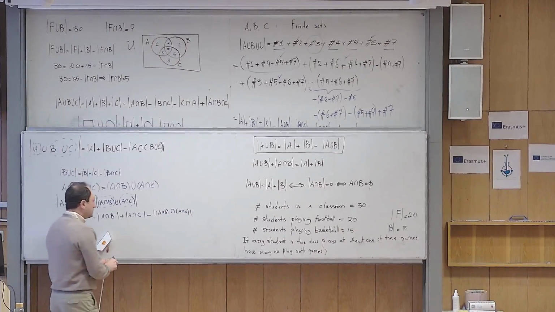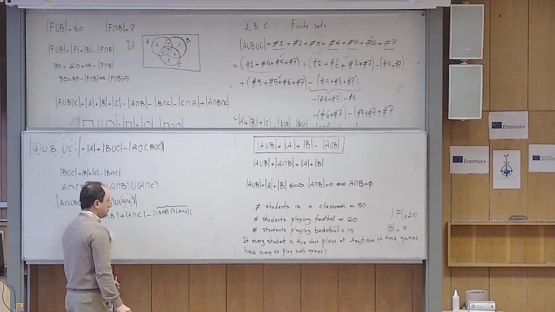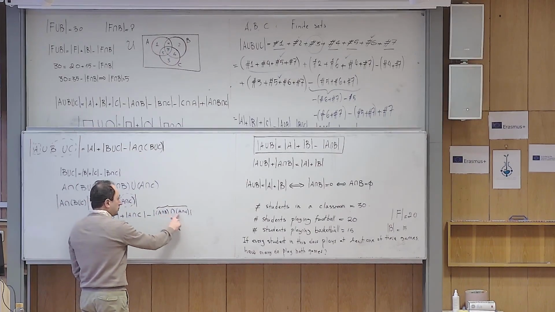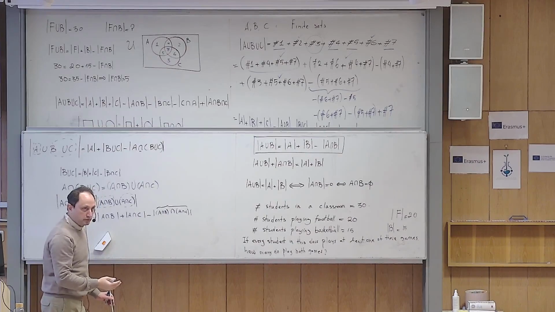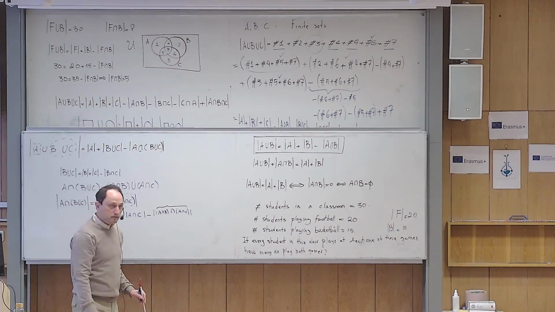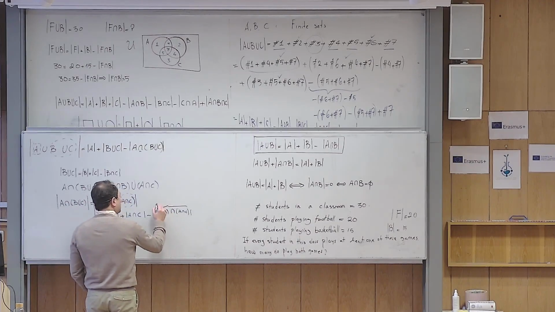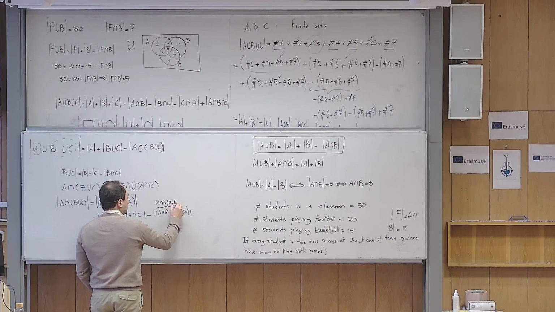Okay, but can I simplify this? Yes, because all of them are intersections, so distributivity is not involved. But I can interchange them if I want to because of commutativity, and I can regroup them because of associativity. So what can I do? I can write it as A and A, I will take them together, and then I will take B and C together.